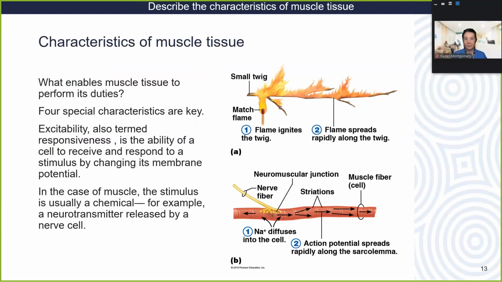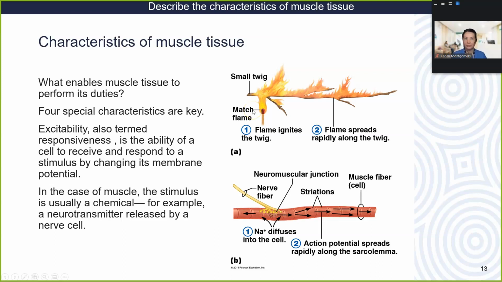Muscle tissue is really particular. It does fancy things. Muscle tissue has 4 different special characteristics. The first thing is that muscle tissue can actually do an action potential. If you haven't done 165, I can give you some resources to understand that, but neurons and muscle tissue are the only tissue in the body that can do action potentials.